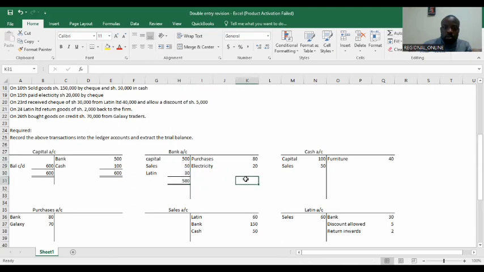So it is the same amount that should be, because it's the highest one. So the highest minus the lowest figure can get my balance carried down in this account. So that means at the end of the trading period, the balance remaining in the bank account is 480.